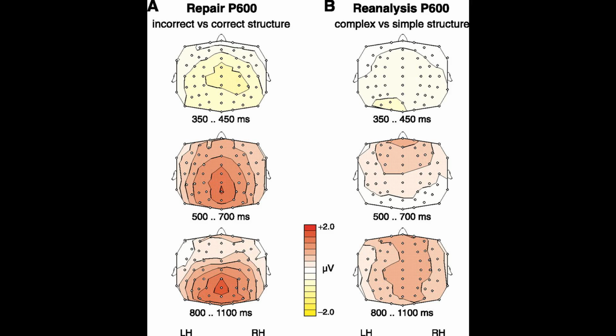Single-cell recording, transcranial magnetic stimulation, TMS, electrical stimulation of the cortex, and functional magnetic resonance imaging, fMRI, are some of the techniques used to study maps in the brain.